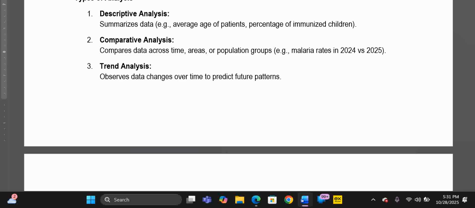And then we have trend analysis. Trend analysis is used to observe the changes of data over time to predict the future patterns. We can actually understand that in a few years, we are going to have a high number of youth becoming smokers when we look at the lifestyles from now.